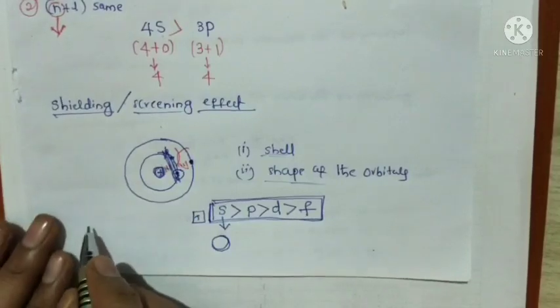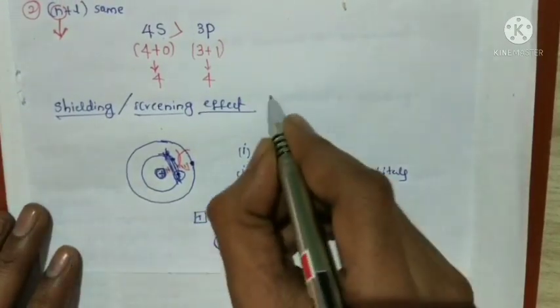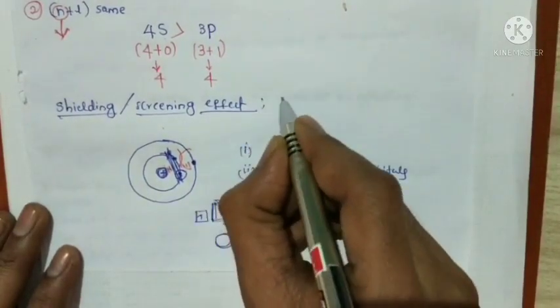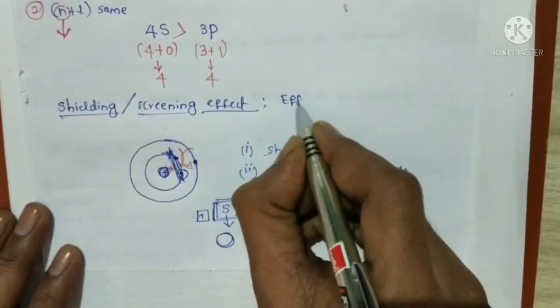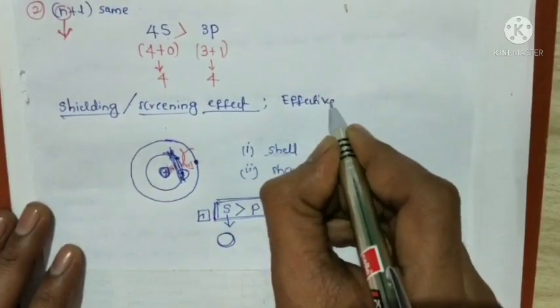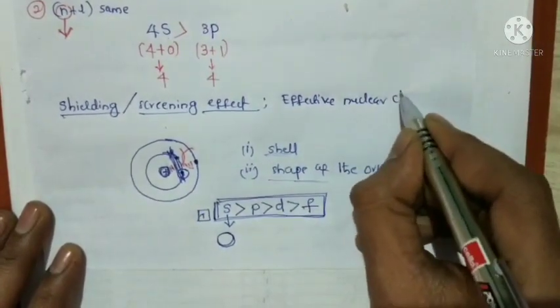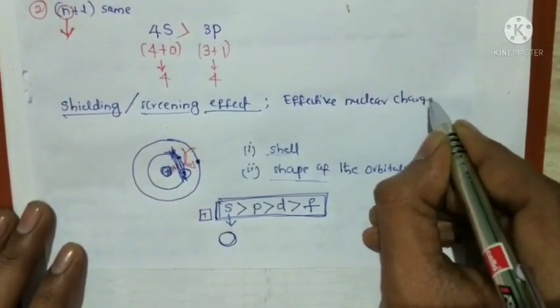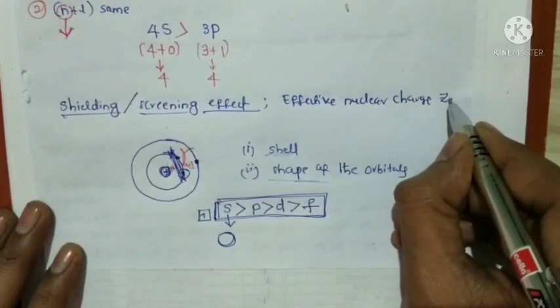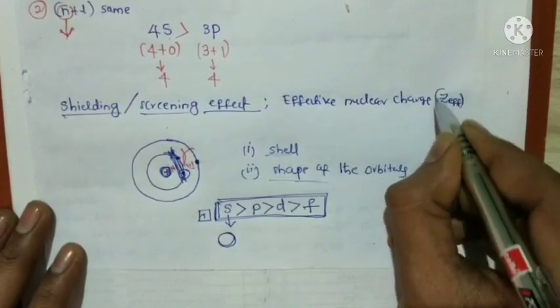And next one is effective nuclear charge. It is represented by Zeff.